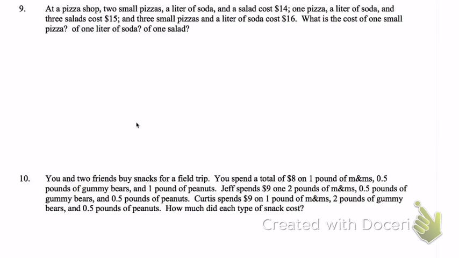So I'm going to say X, Y, and Z. So let's say, am I counting the number or am I counting the cost? The cost. I want to find out what the cost is. So we could say cost of pizza is X. Y is cost of soda. And then Z can be cost of salad.